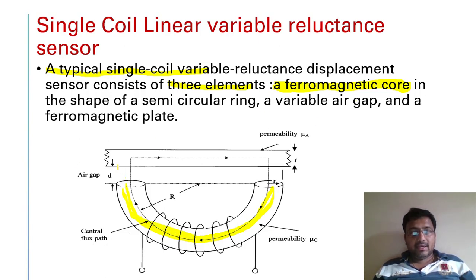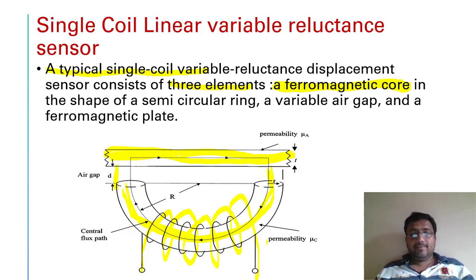Next, a variable air gap, represented by D, is available. Then a ferromagnetic plate is available here, again ferromagnetic, and the coil is wound on the circular ferromagnetic material. We have a central flux.